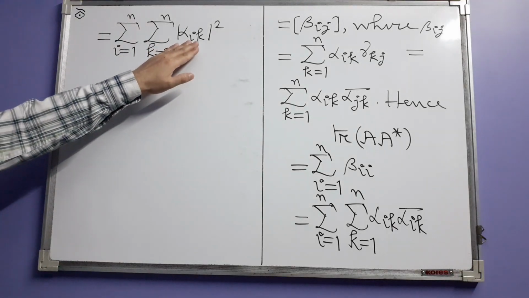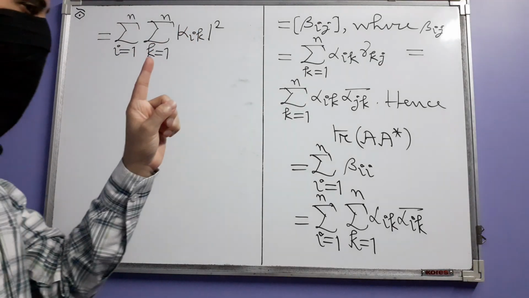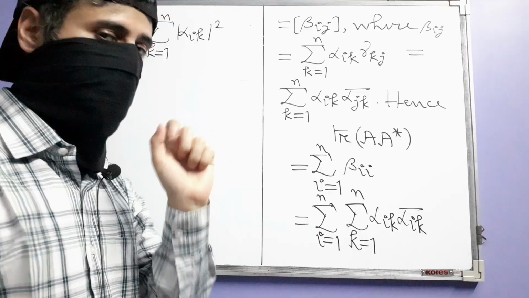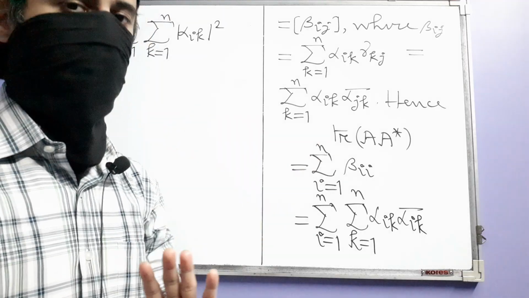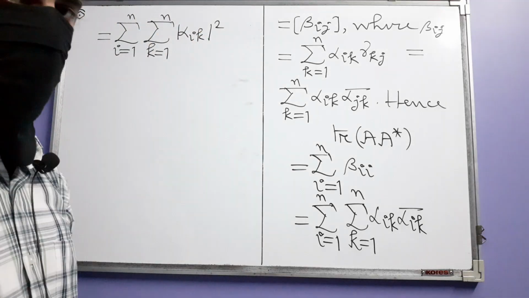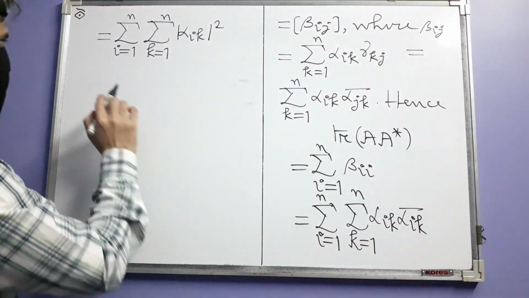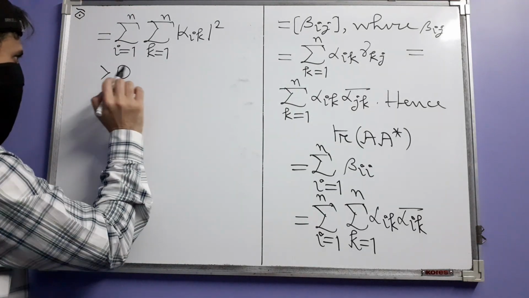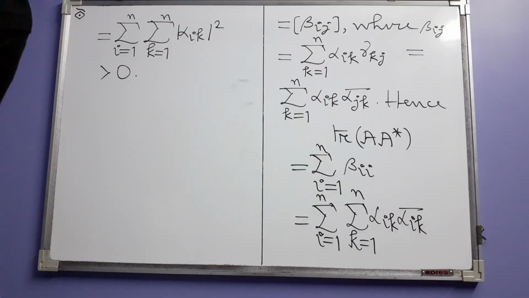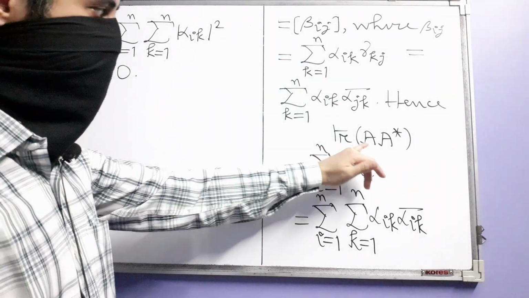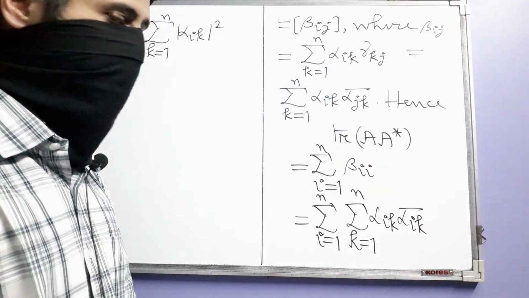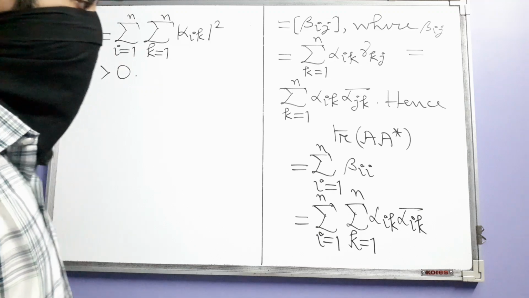And in this sum, at least one number is a positive number. The rest are non-negative because mod square. And that is why this is not just a real number, but it's a positive real number. So that's how, if A is non-zero, then trace of A star A has to be a positive real number.